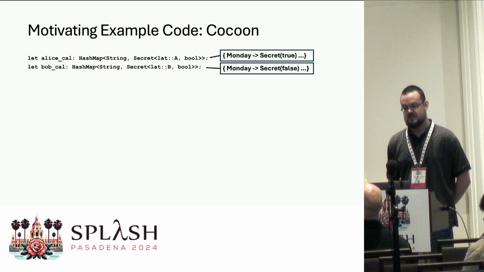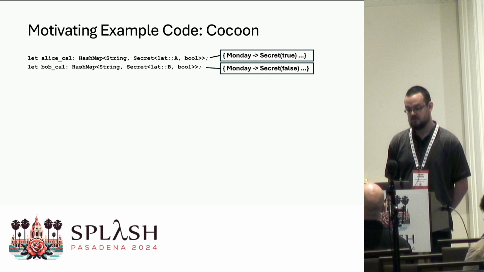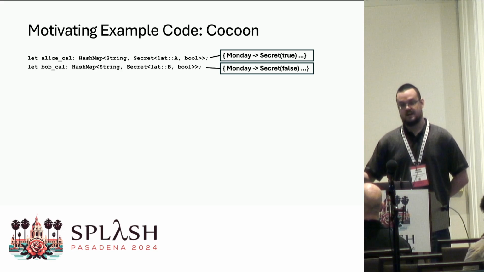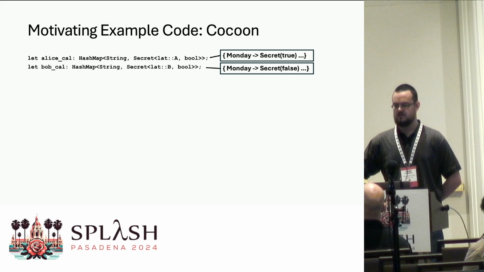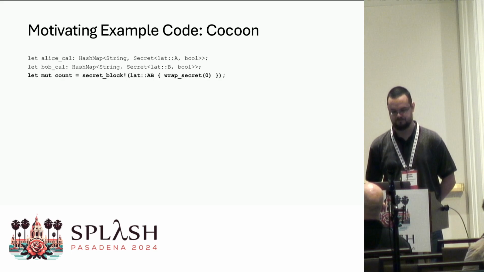So in this case, a secret holds a Boolean and a static type. You can see it there as lat A or lat B. These static types represent the labels. So lat A in this case represents Alice's secrecy label. Lat B represents Bob's secrecy label. These are static types. It marks the data as secret to that level and preserves secrecy.